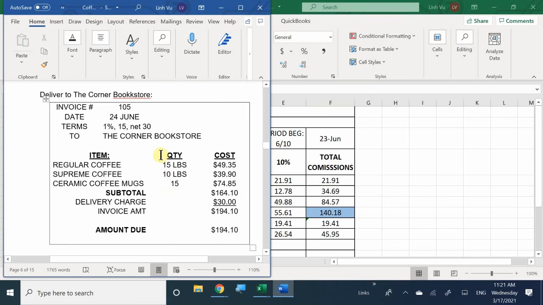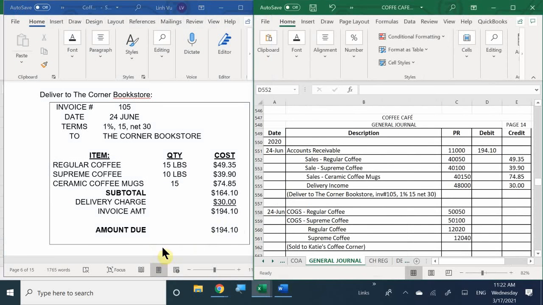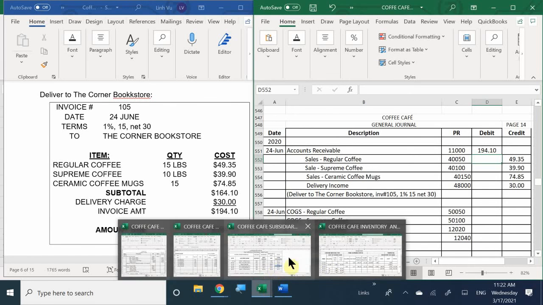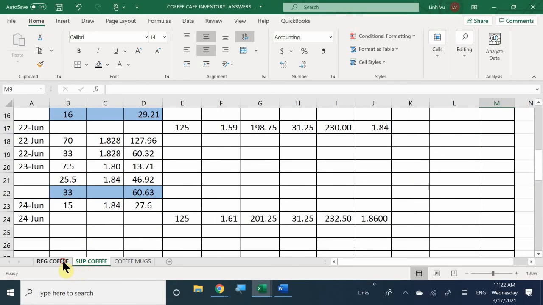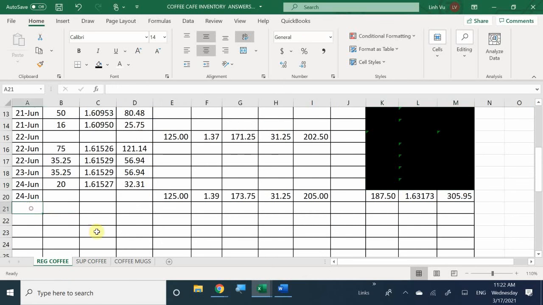So what's next? Cost of goods sold. So, inventory worksheet. Okay, so regular coffee. How many pounds of regular coffee did we sell? 15.